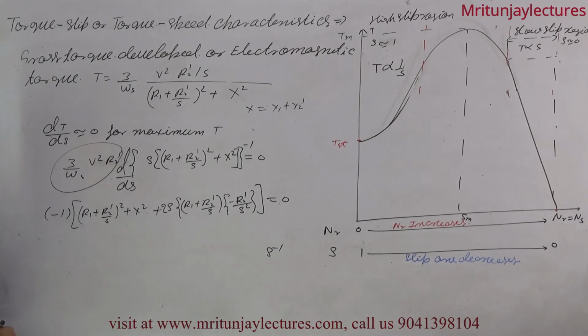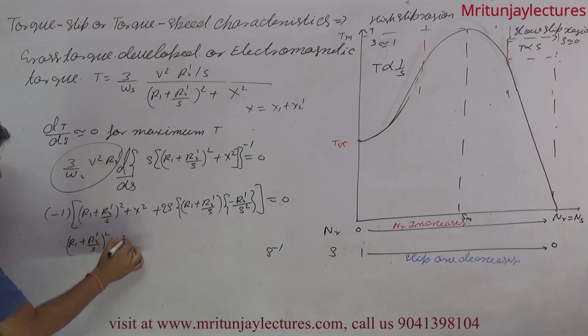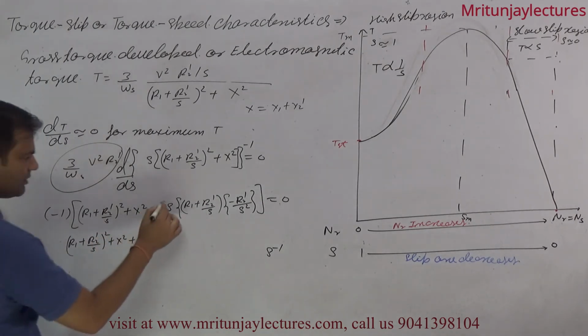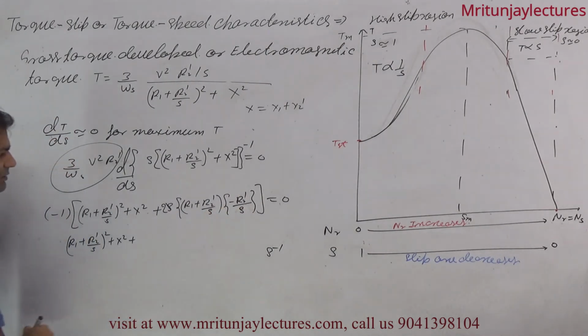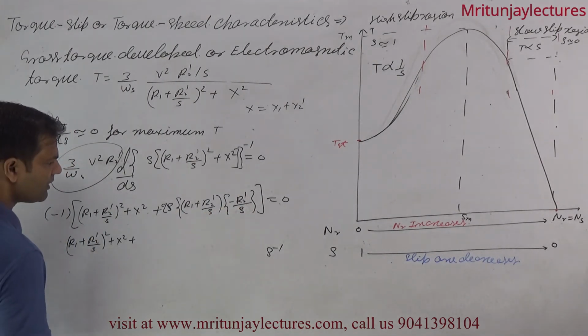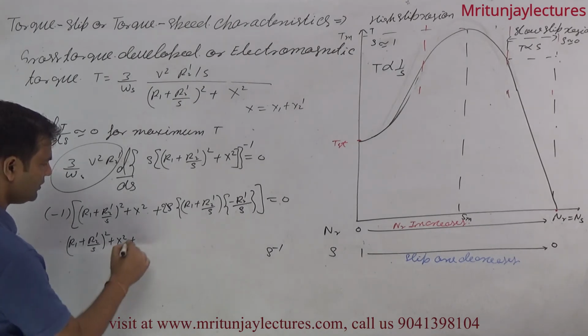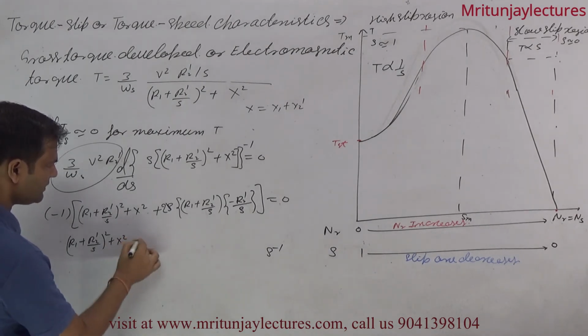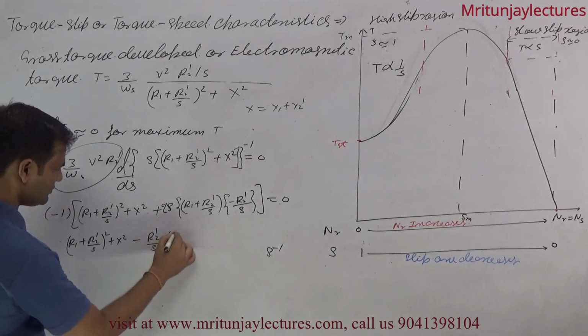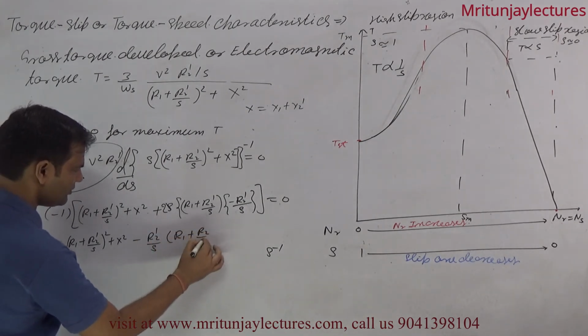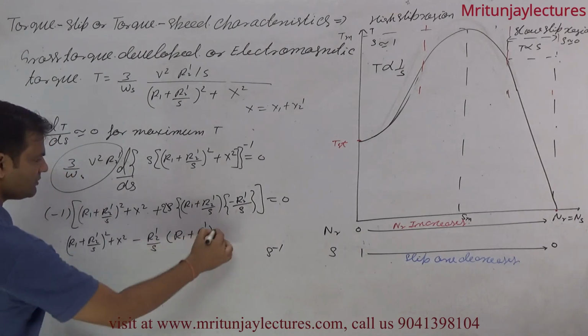So finally, (r1 + r2')² + x² plus this one and this one cancel out, and minus of r2'/s into (r1 + r2'), this is equal to 0.